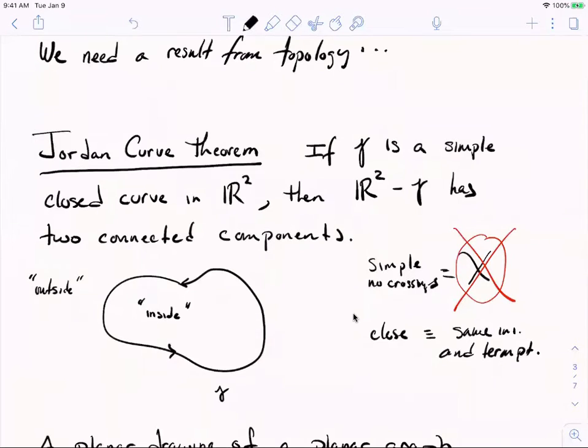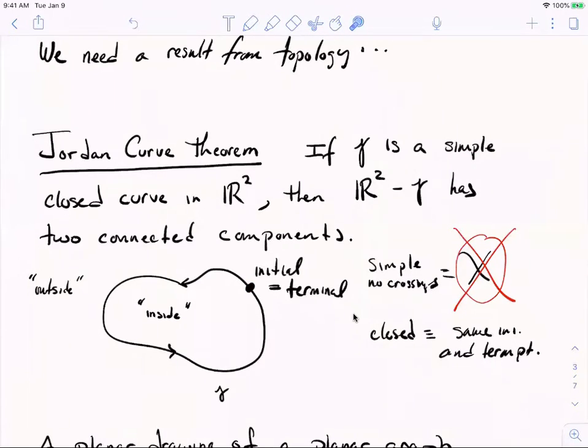A closed curve has some initial point, and that initial point is equal to the end point, the terminal point. So a simple closed curve you might think is a contradiction. Well, the curve is still simple if it only intersects itself at that one and only point. It's a simple closed curve.